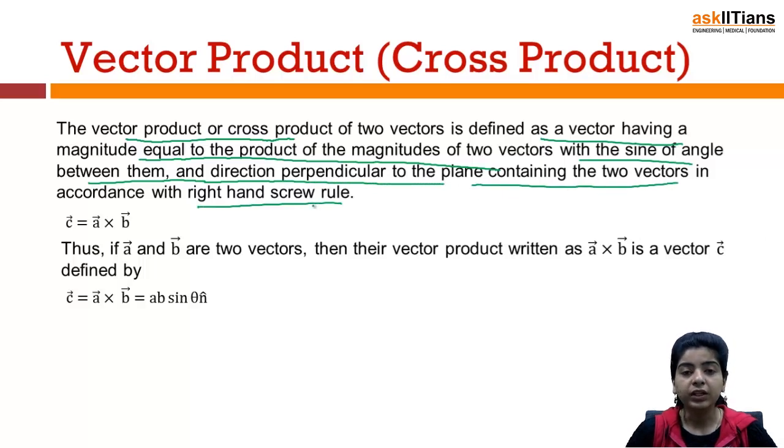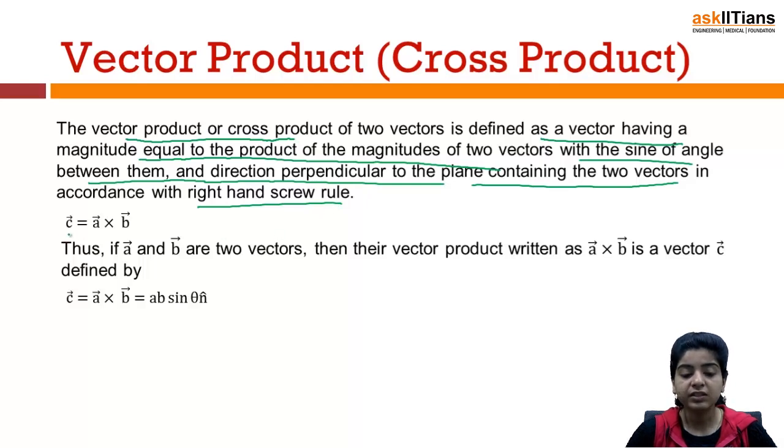So what does that mean? When we are finding the cross product or vector product of two vectors, that will again be a vector having magnitude equal to the product of magnitudes of the two vectors along with the sine of the angle between them. And the important point is that the direction of that particular vector would be perpendicular to the plane containing the vectors.